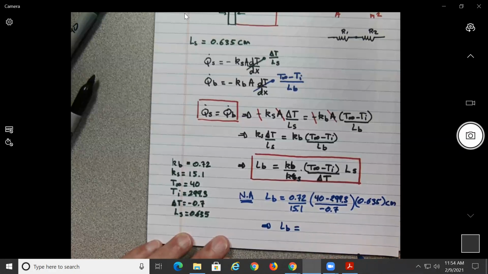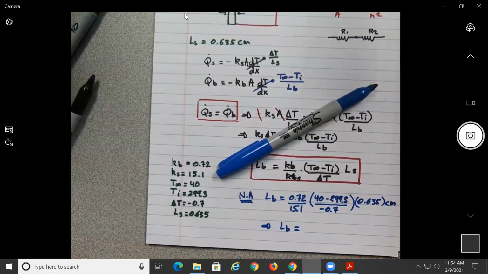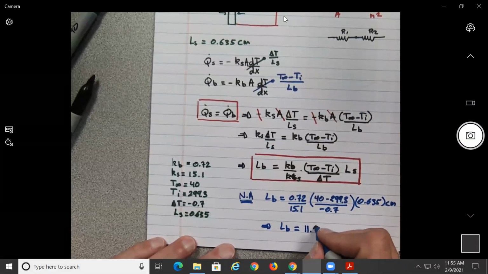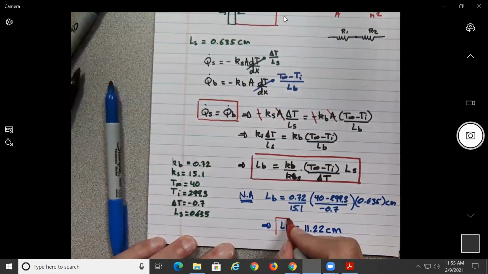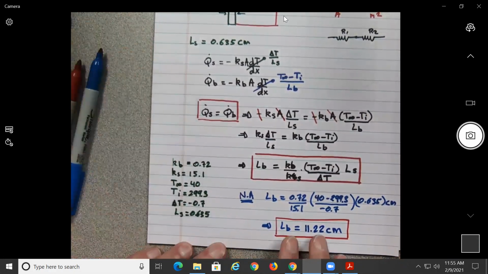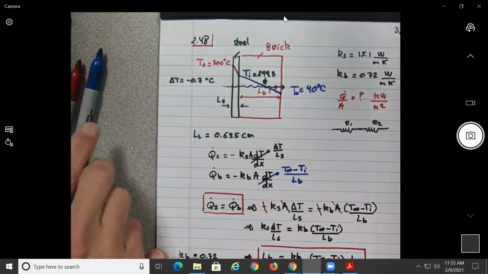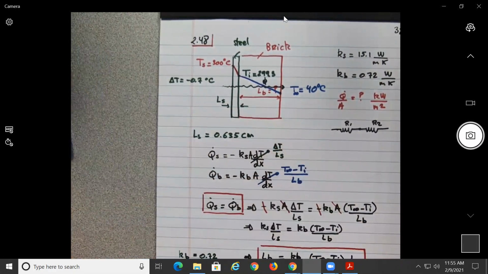If you do this calculation, you get approximately 11.22 centimeters. That means the minimum thickness of the brick wall of the oven needs to be about 11.22 centimeters if you want to make sure that the temperature outside the wall is at least 40 degrees Celsius.